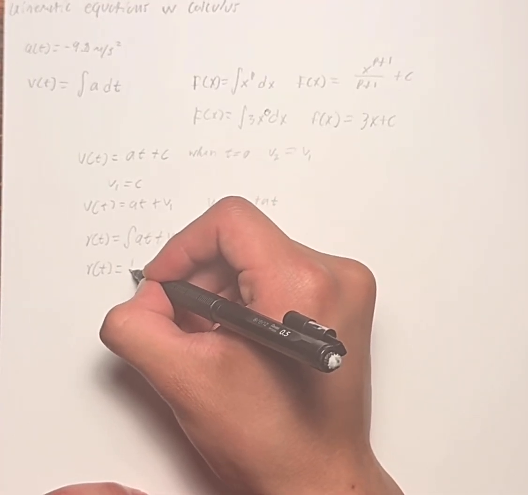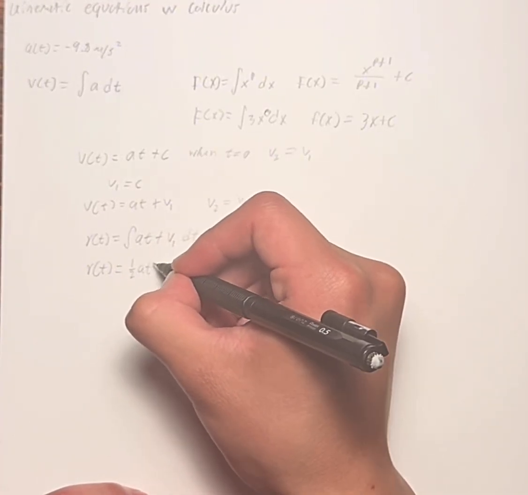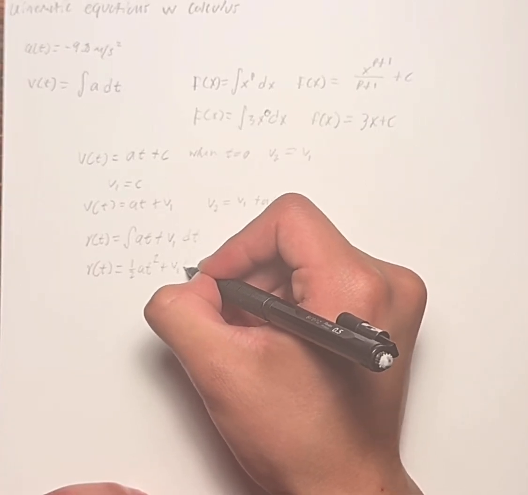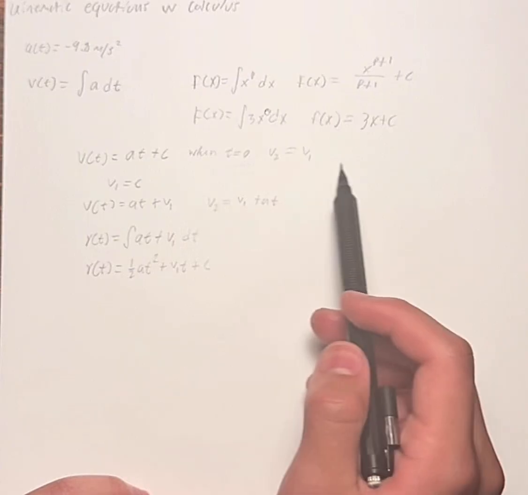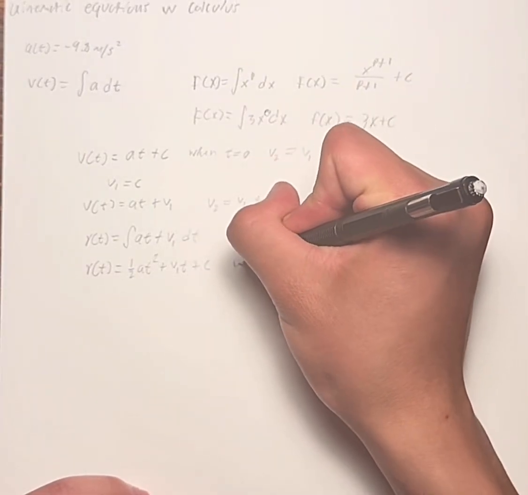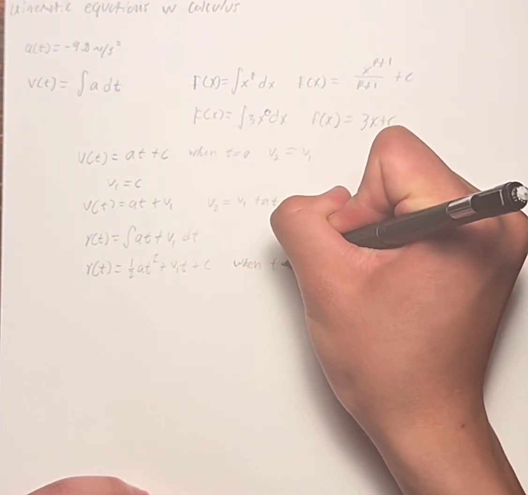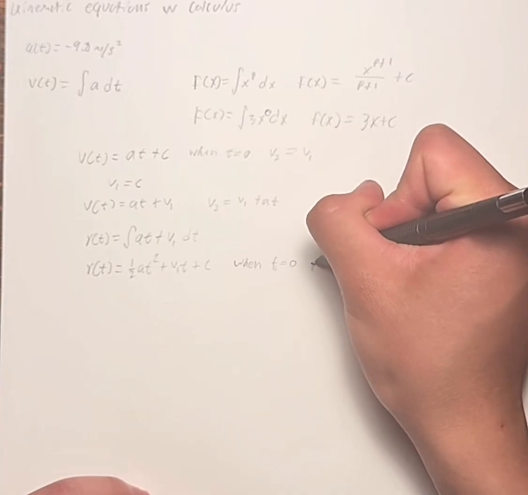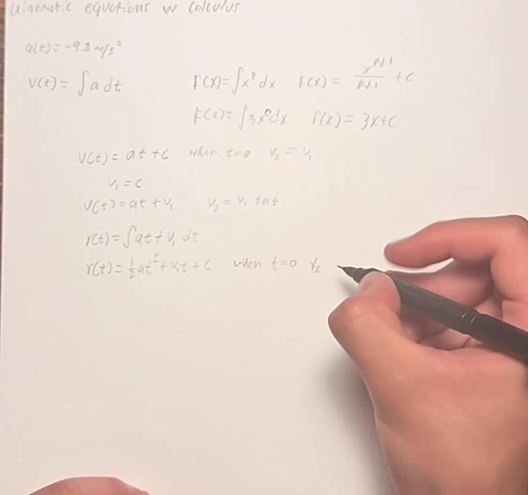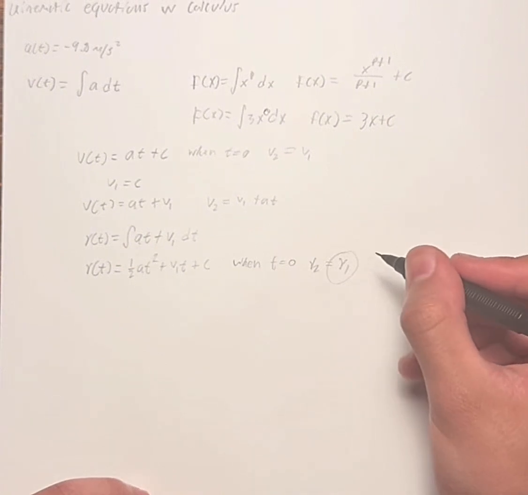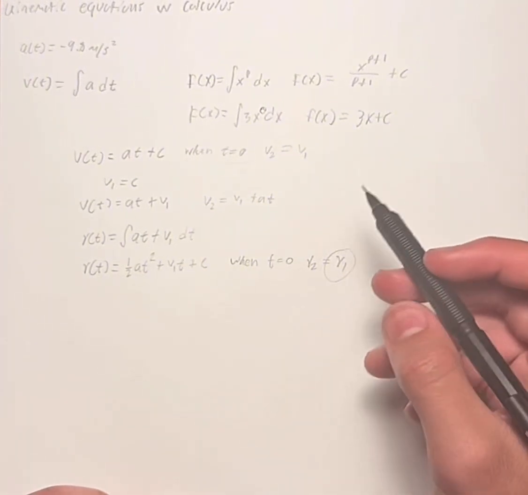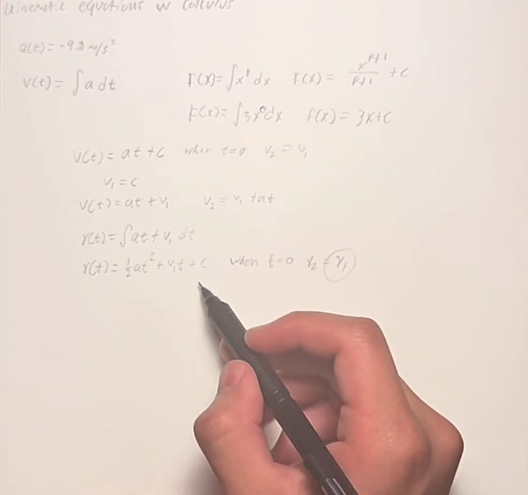So now we can kind of say the same thing as I said over here. When t is equal to 0, the initial position is equal to y1. It's like where the object was thrown. So that's going to be our c here.